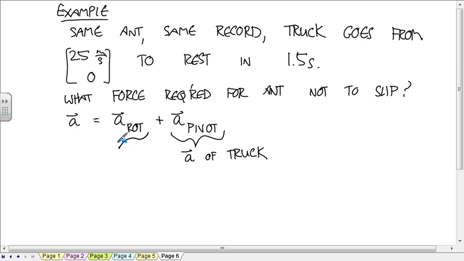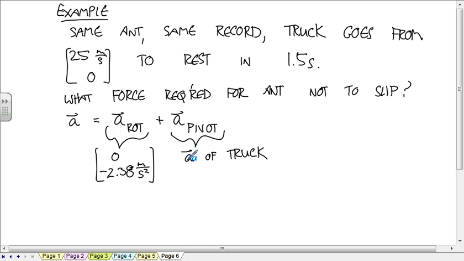The acceleration due to the rotation, that's the one where we assume that the pivot is fixed. So that's the same one we've used for the other part. So this is going to be 0, negative 2.38 meters per second squared.